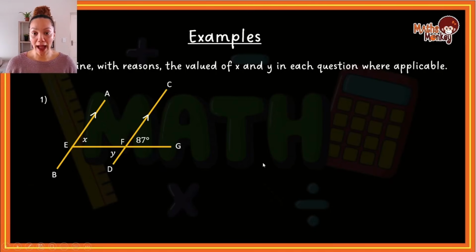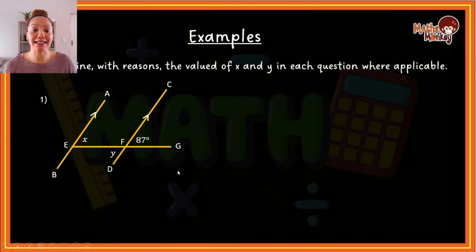Okay, so I'm going to work through this and show you. Firstly, I need to find x and I need to find y. And I'm always looking at what is being given to me. The 87 is given. I see Z, I see F, and I see U, but I want to find one where one of the angles is actually given.